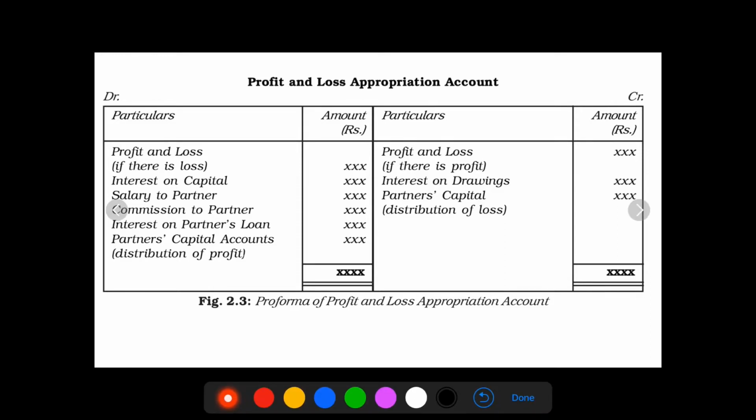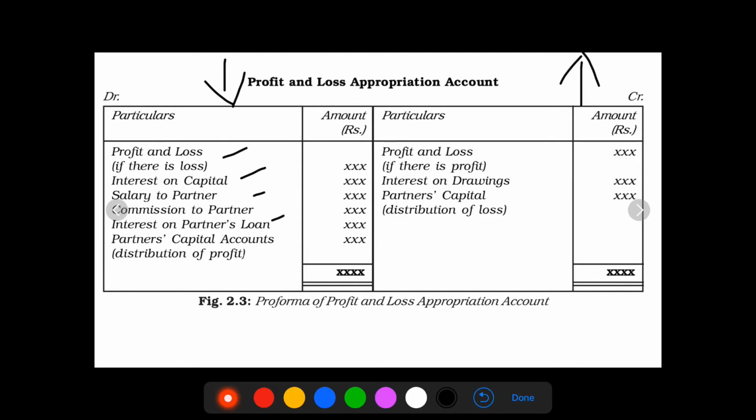The rule for posting the entries will be debit all expenses and losses, credit all incomes and gains. On the debit side, we record items which will decrease the funds of the business firm, like the net loss, interest on capital, salary and commission paid to the partners, interest on partners' loan.